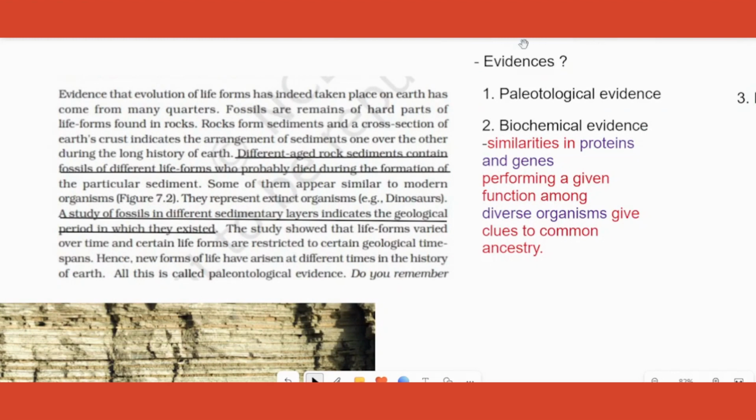Evidences that evolution happened, or that from one organism another organism evolved. Please underline these two statements and write them in the exam as well. Different aged rock sediments contain fossils of different life forms who probably died during the formation of that particular sediment. And the other one, give an example of dinosaurs and so on.